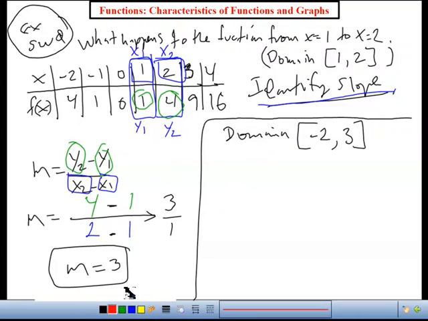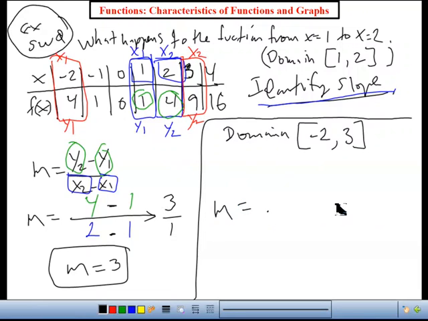You should have, I'm going to use red so you guys can see it. So between -2 and 3. So -2 of x is here. 3 of x is here. So that means this is my x sub 1, y sub 1. And this is my x sub 2, y sub 2. So m equals blank, blank. So my y sub 2 is 9, y sub 1 is 4.